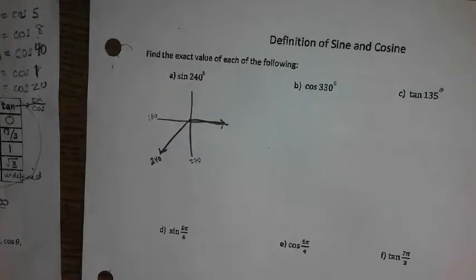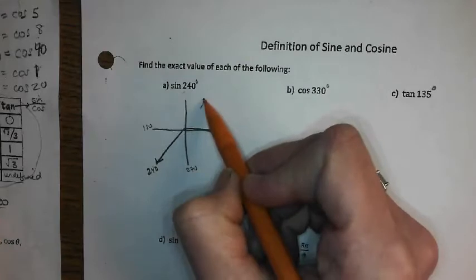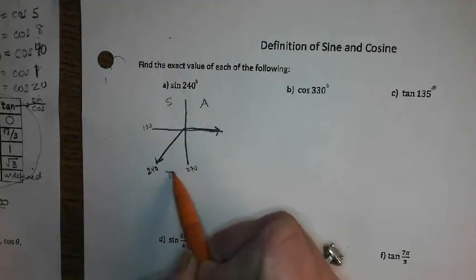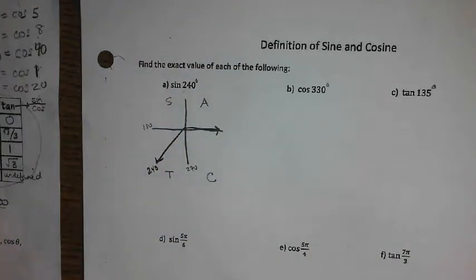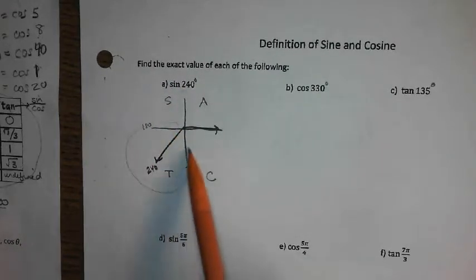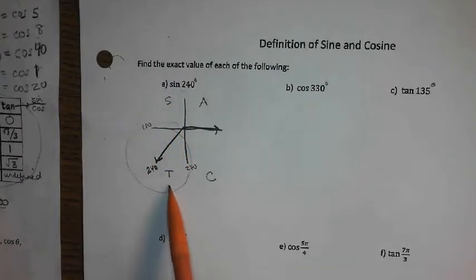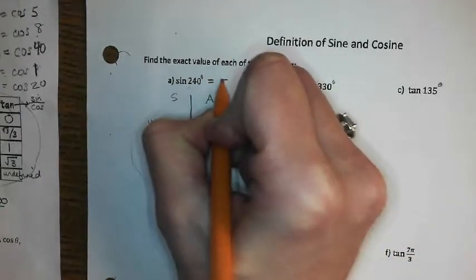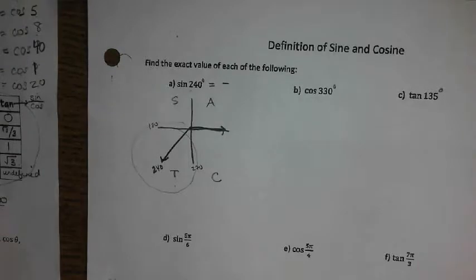So let's just start there. All students take calculus. I'm looking for the sine of this angle. I'm in this quadrant. Is the sine positive or negative in this quadrant? Negative. So I know that my answer is negative because that's a third quadrant angle.